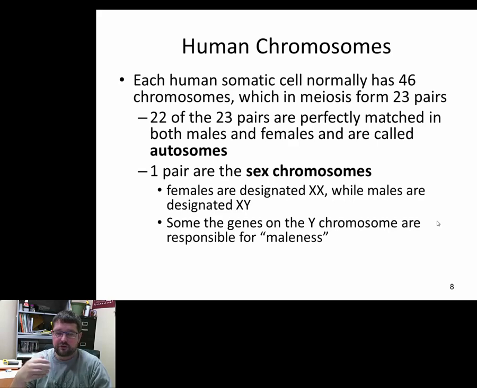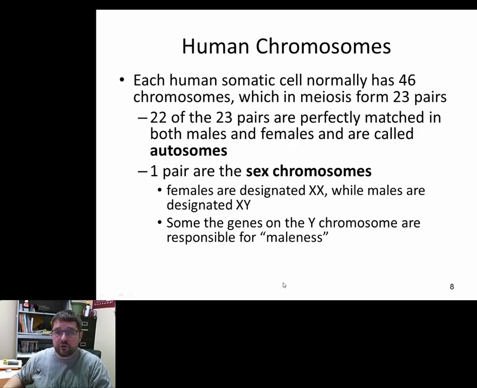If you're talking about fish, it could be ZW and ZZ, it could be XX and XY, it could be XX and XX, and there's a lot of variety. So remember, sex chromosomes differ based on the organism, and we don't have a good grasp on all the varieties. We know that there's a massive amount of varieties throughout the animal kingdom.